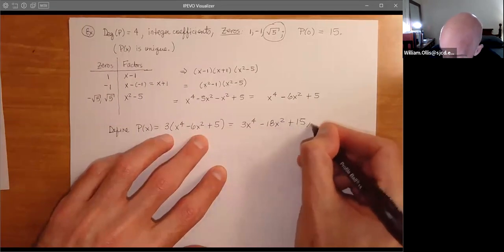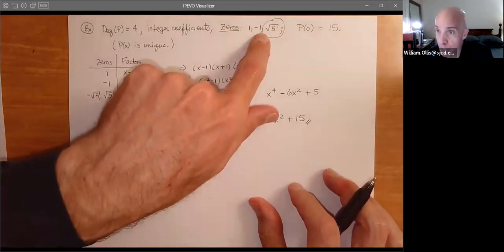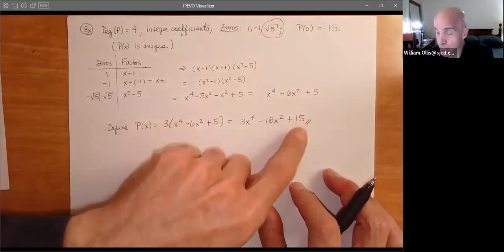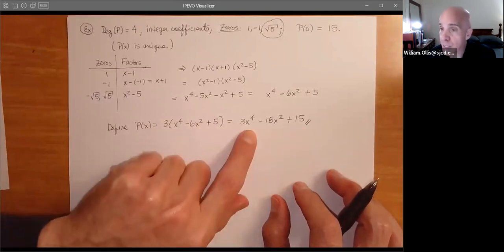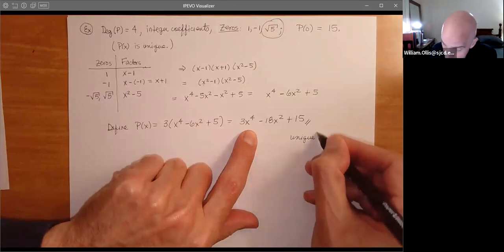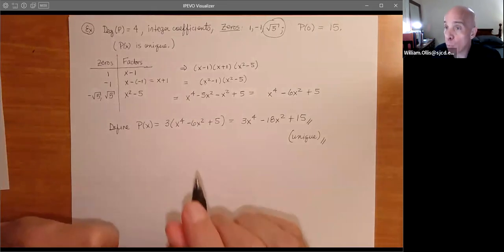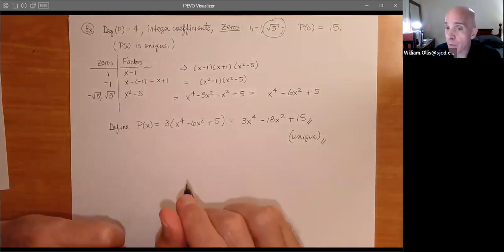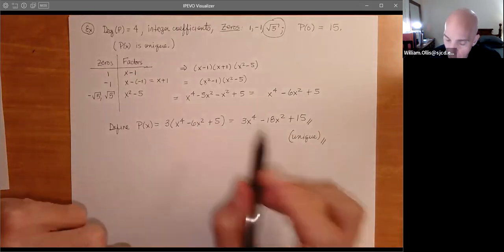Now, of course, that is a unique polynomial, because again, it has these specific zeros and it has this specific constant term. This is unique, and this is unique. The idea is when you start specifying points on a graph other than the zeros, then that is a higher level of specificity.